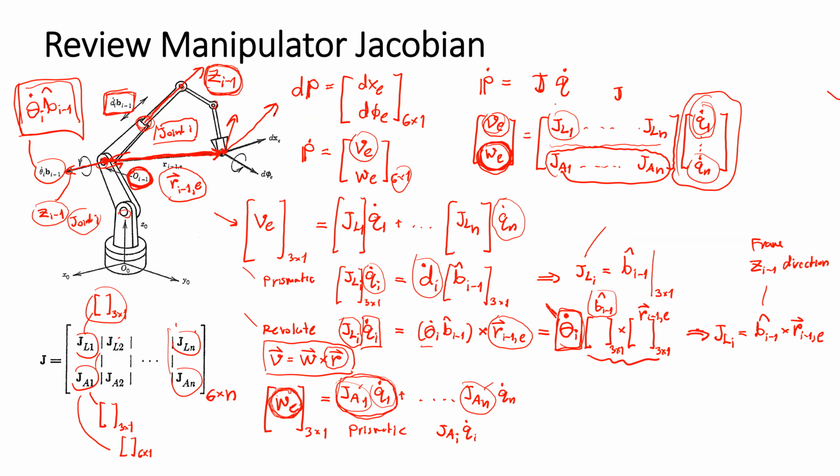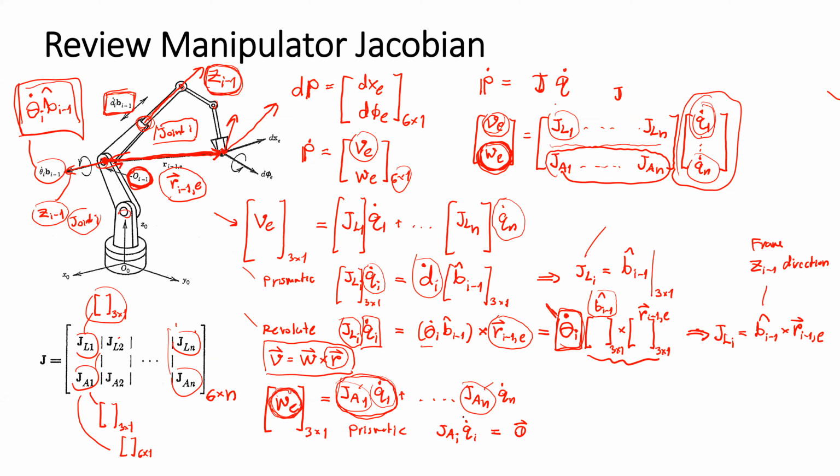But the prismatic joint doesn't create any rotation, doesn't create any omega at the endpoint. So at the endpoint of a prismatic joint, we see only a zero vector for the rotation.